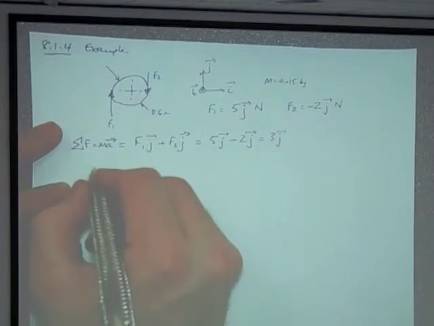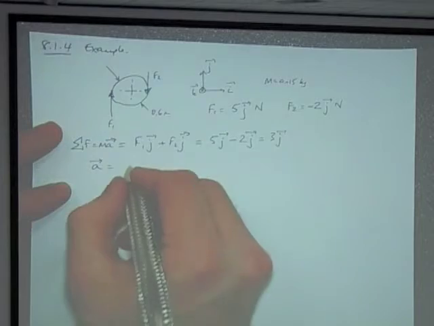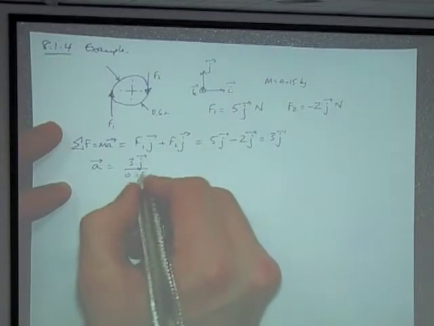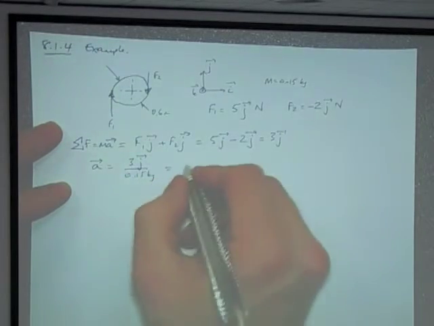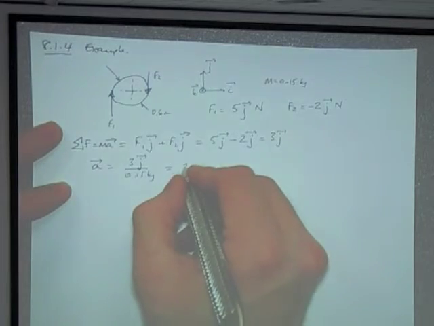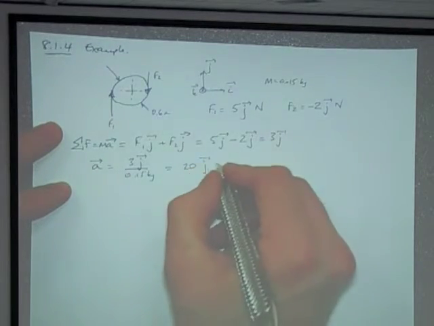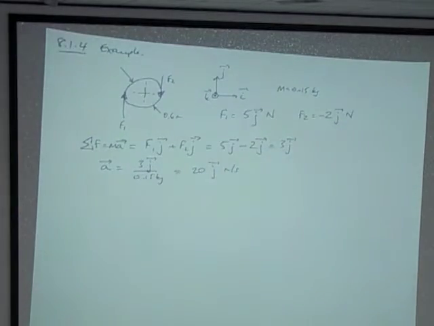And so A is going to be 3J divided by the mass, 0.15 kilograms. That comes out to be 20J meters per second squared. It's going to move upwards, which makes sense. You've got a bigger force at F1 and a smaller force at F2, so it's going to move in that direction linearly.